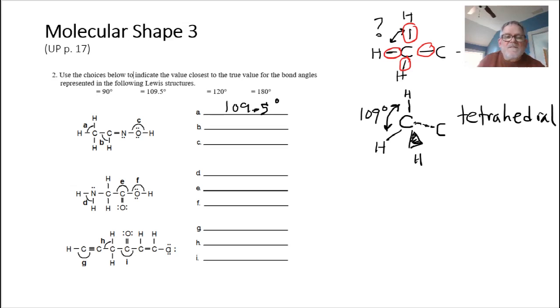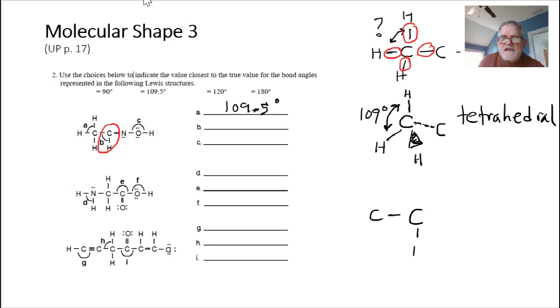Okay, what about this next one here, angle B? In this case, we have a carbon bonded with another carbon over here.